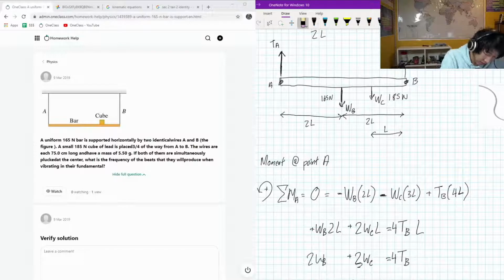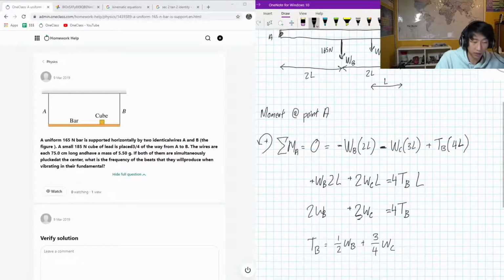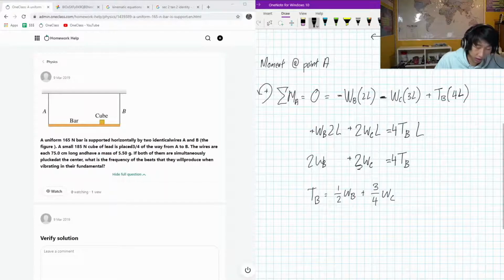We're not going to be able to factor that out. My bad. So instead, we're going to have 1/2 WB plus 3/4 WC. Okay, and then we just got to sub in these numbers. So WB, our bar, was 165 newtons.